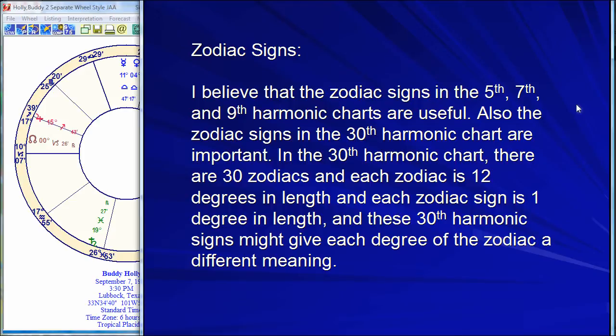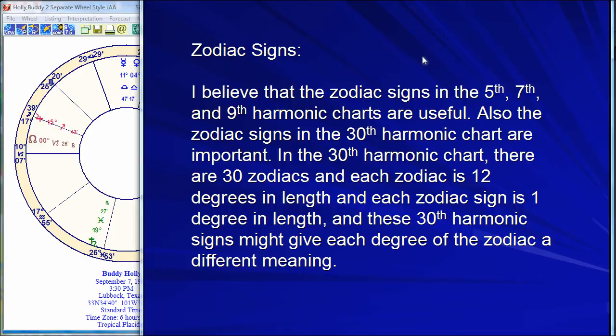There's another whole tutorial video that I've made on degree meanings, and I think I mentioned this idea in that video. But in any case, the main point is that some people do use zodiac signs in harmonic charts, especially the basic ones like 5, 7, and 9, which are sometimes considered fundamental harmonic charts. For other harmonics, for the most part, probably not so important, although I do think the 30th harmonic is important.